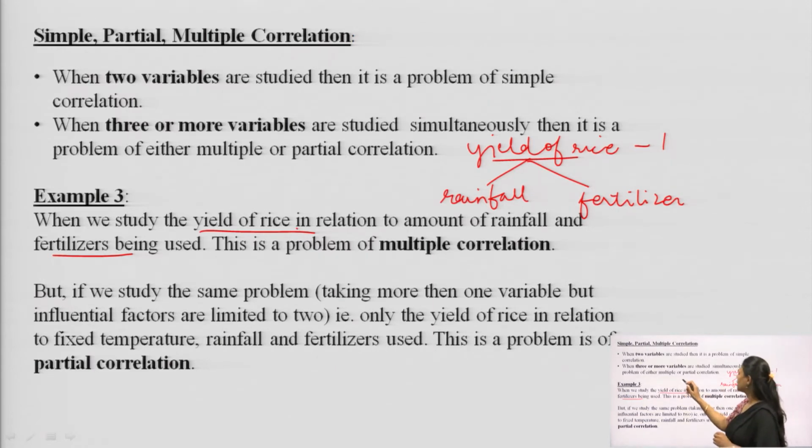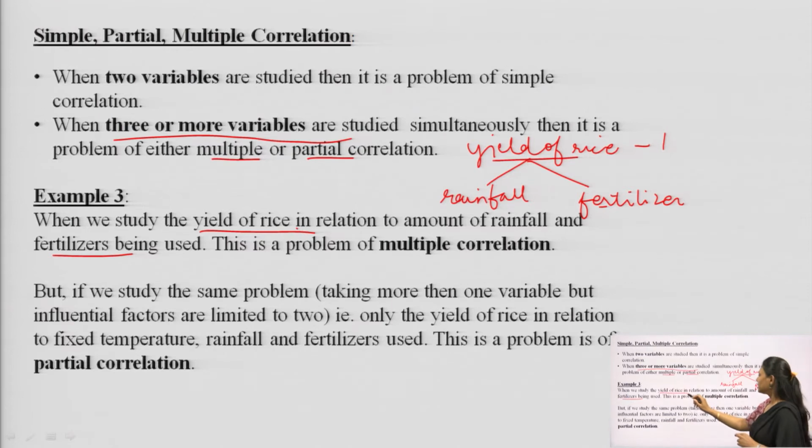When we are talking about two variables, this is called a simple correlation. When we are talking about more than two variables, then it is either a multiple correlation or a partial correlation. Here we are studying the relationship between three variables, the yield, the rainfall and the fertilizer. So, it is an example of a multiple correlation.